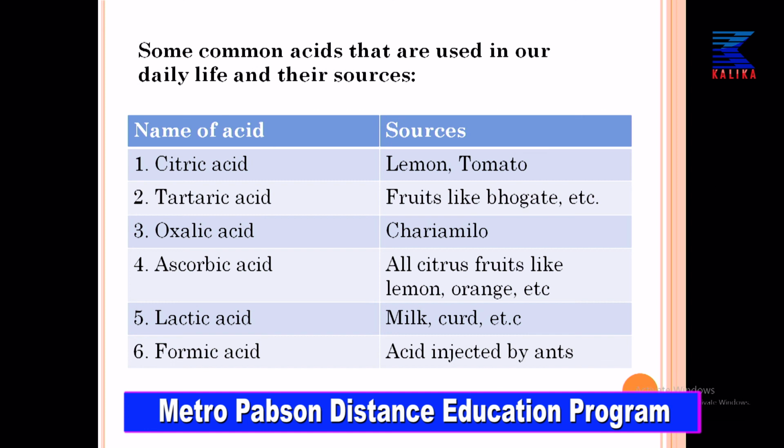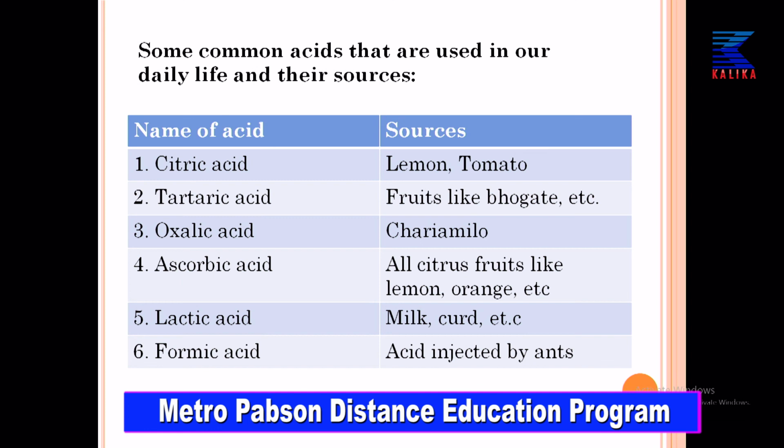Similarly, lactic acid is found in milk and curd. Formic acid, whose IUPAC or chemical name is methanoic acid, is obtained from ant bites. We feel a burning sensation when an ant stings or bites us due to the presence of formic acid.